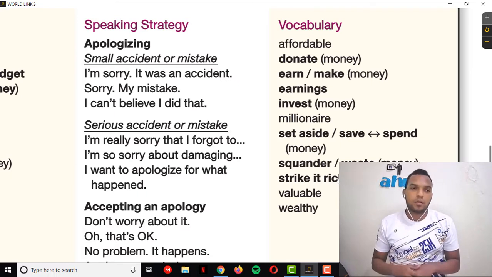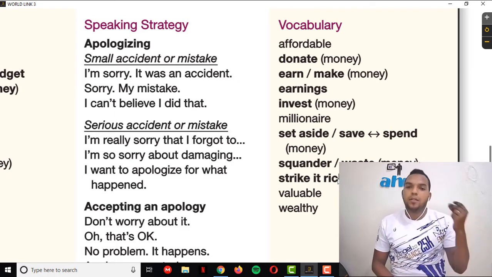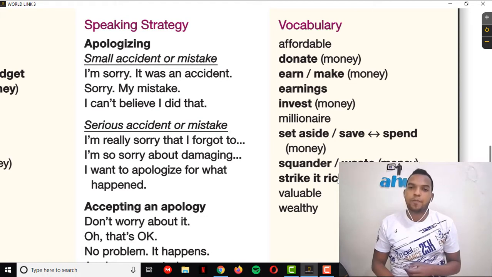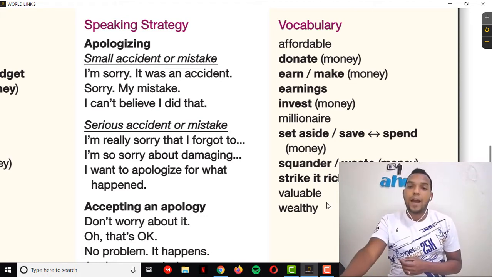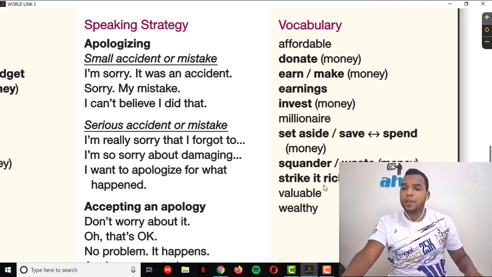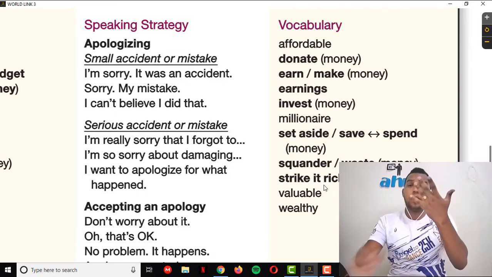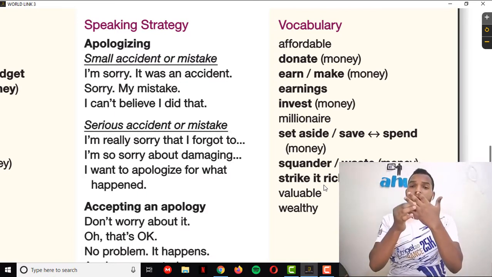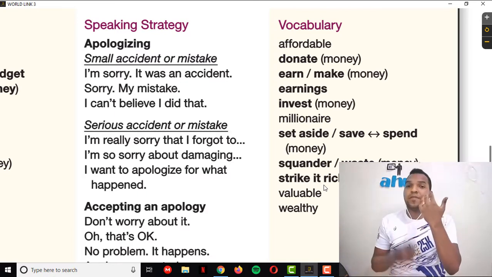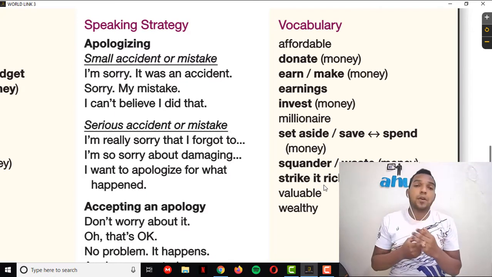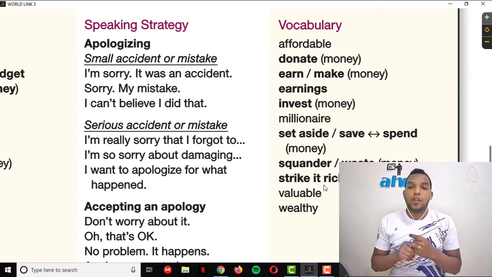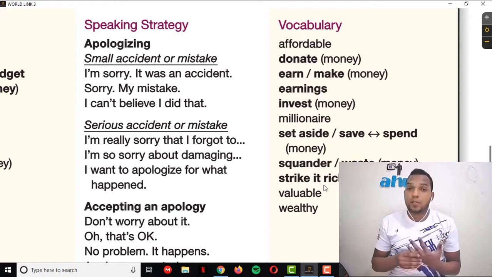All right, because it was in the lottery, so you strike it rich. The other one is valuable. Valuable is, for example, I have this ring over here on my hand. This is valuable for me. It doesn't matter if it's cheap or if it's expensive.